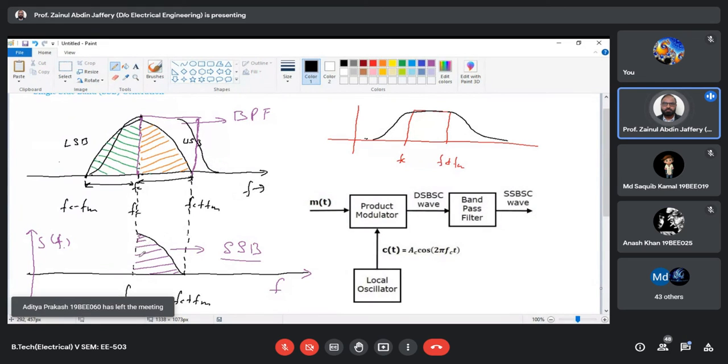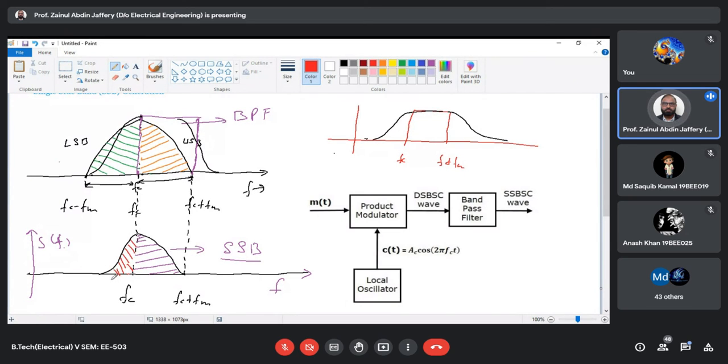so what will happen is that we will receive this signal as well. Okay, so practically this is a problem. So this portion is an additional one.